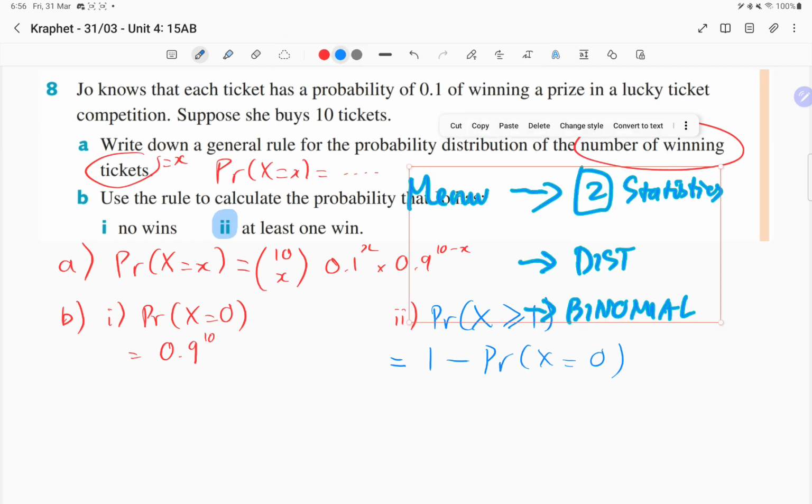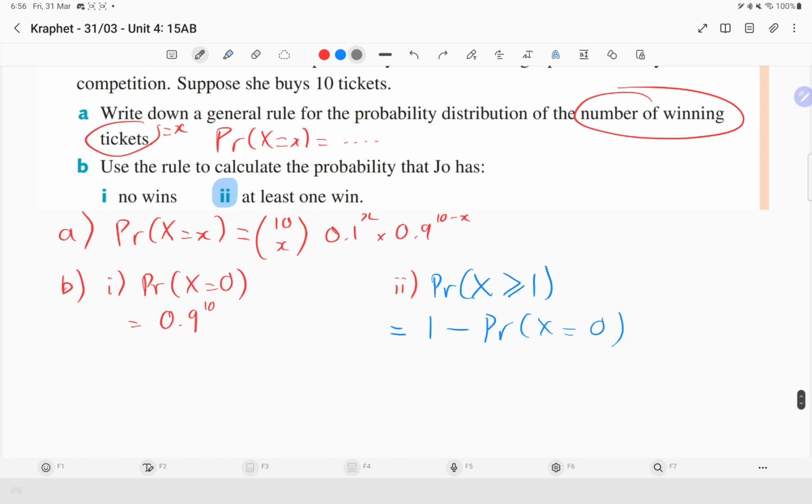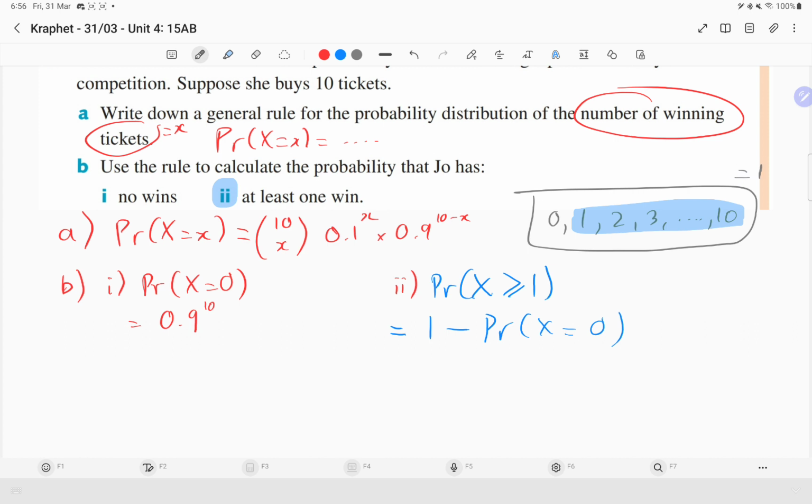I'll give you a formal definition. If there are 10 tickets, you can have either 1 win or 2 or 3, and keep on going until 10, and you could also have 0. The probability of X more than or equal to 1 is these ones. But note that the total probability is equal to 1.